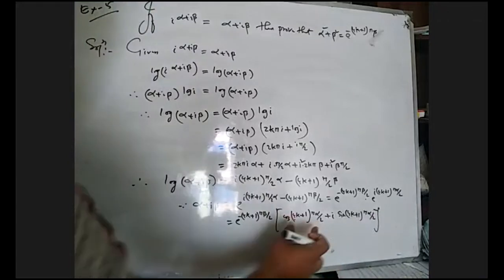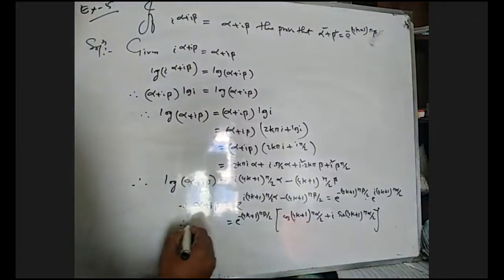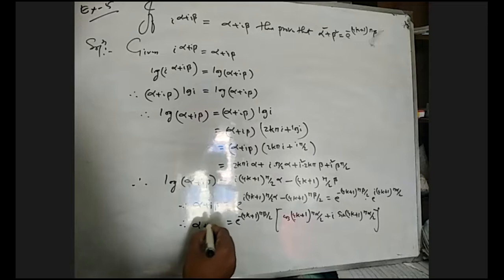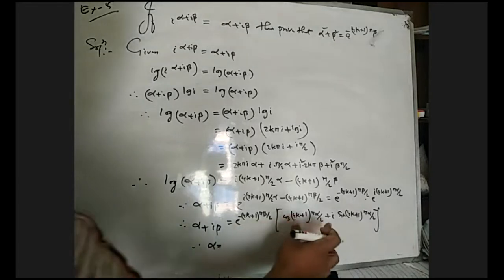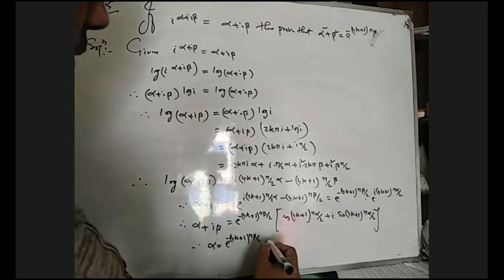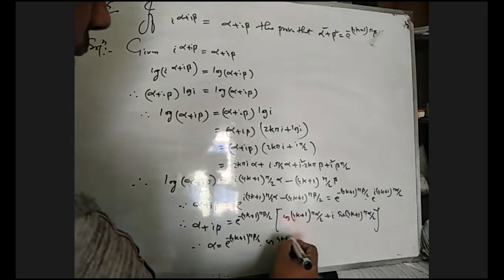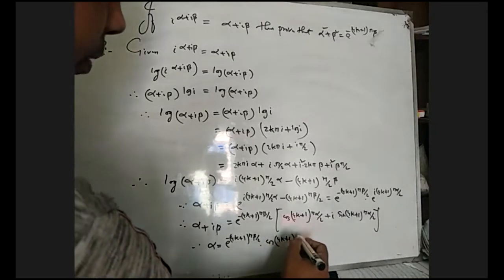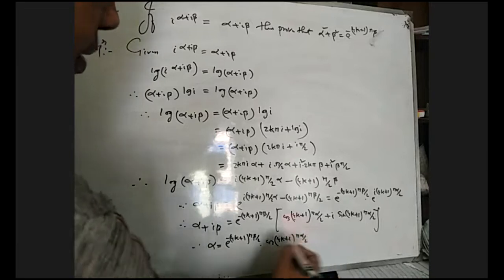Now this is the real part. Here alpha is the real part. So alpha plus i beta. Now equating real and imaginary parts, alpha equals what will be? This into this real part: e to the power minus (4k plus 1) pi beta by 2 into cos (4k plus 1) pi alpha by 2.